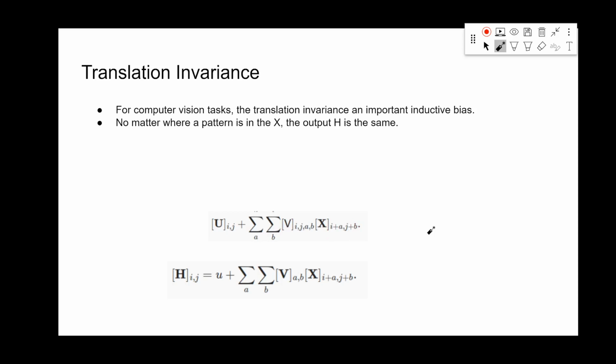This means that if x is the same, h will be the same. So if we use a formula like this, we will have translation invariance in mathematical expressions.